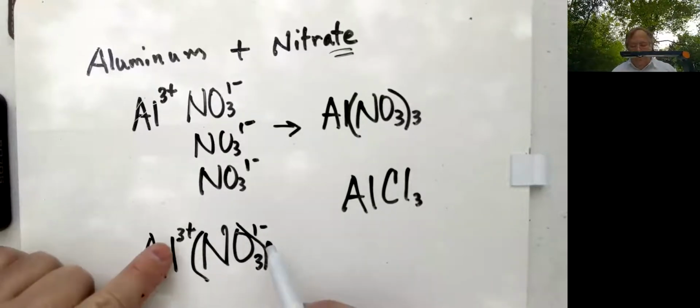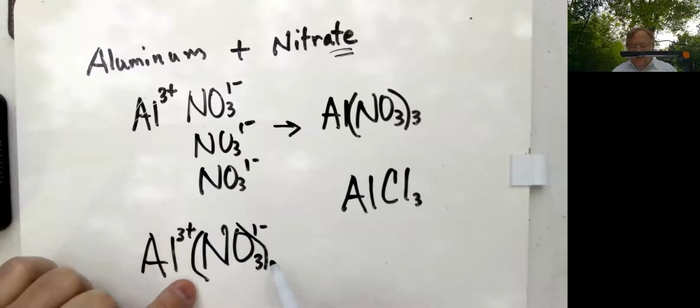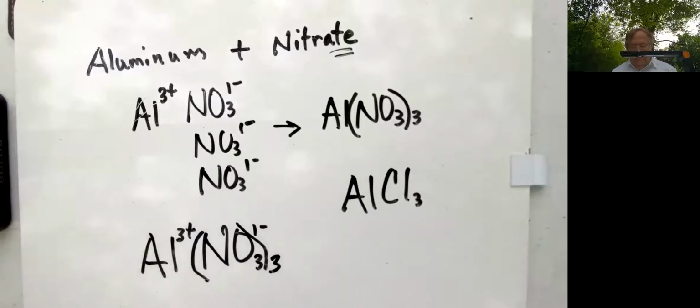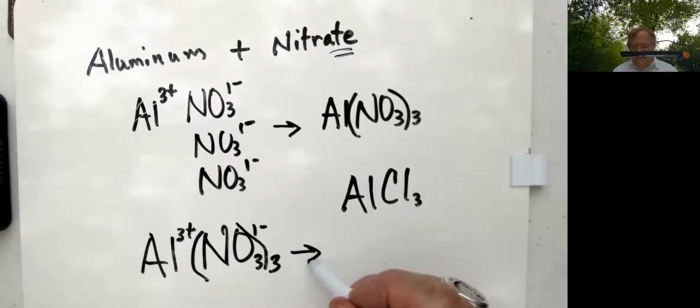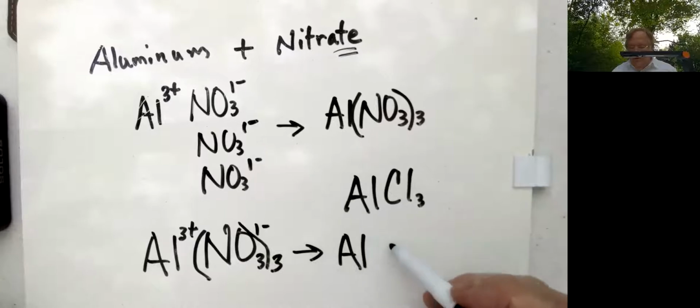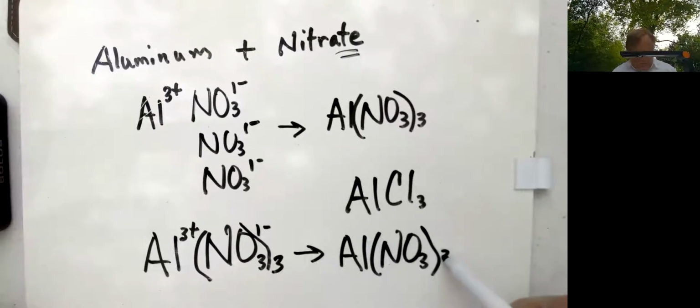Okay, so the least common multiple of these two numbers is 3. So I've already got 3 there. There's an understood 1 subscript. And let's put a 3 over here. And if you saw this in a book somewhere, it wouldn't have those charges. It would look something like that.